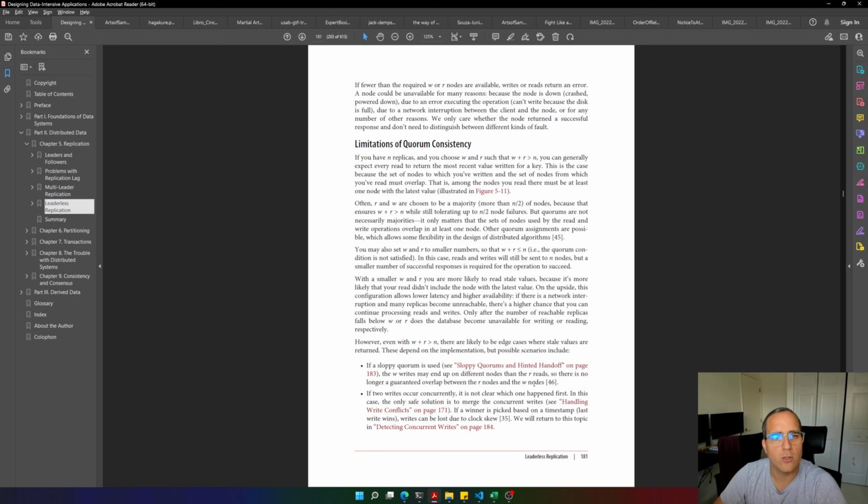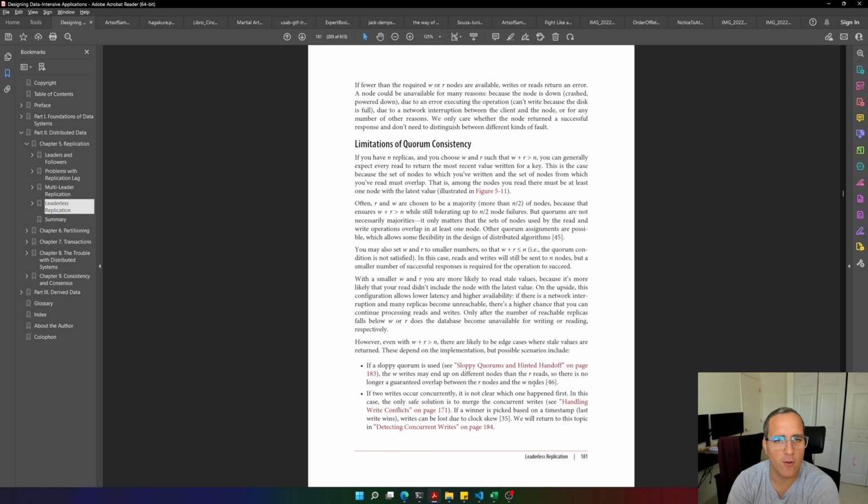Limitations of quorum consistency. If you have n replicas and you choose w and r such that w + r > n, you can generally expect every read to return the most recent value written for a key. This is the case because the set of nodes to which you've written and the set of nodes from which you've read must overlap. That is, among the nodes you read, there must be at least one node with the latest value.